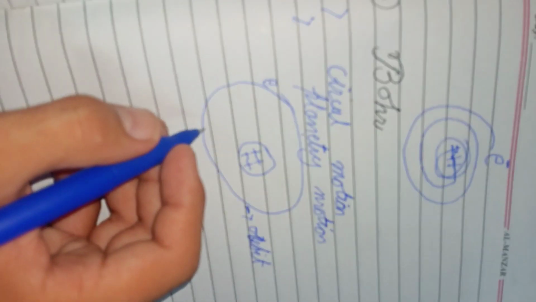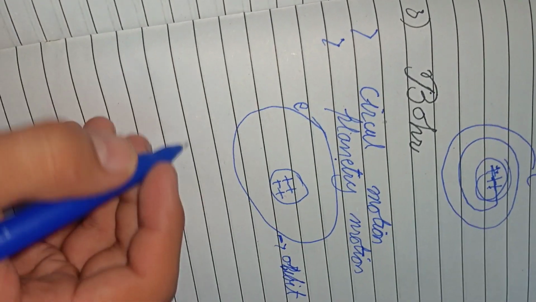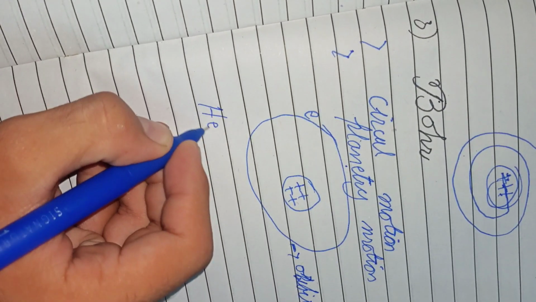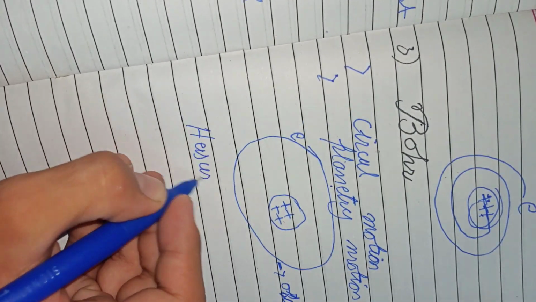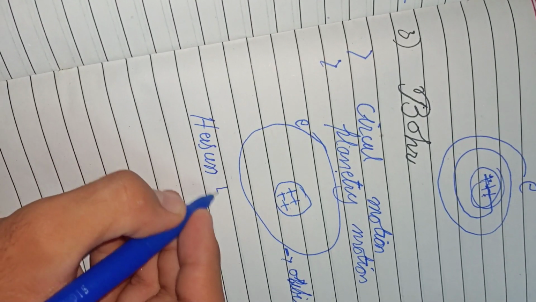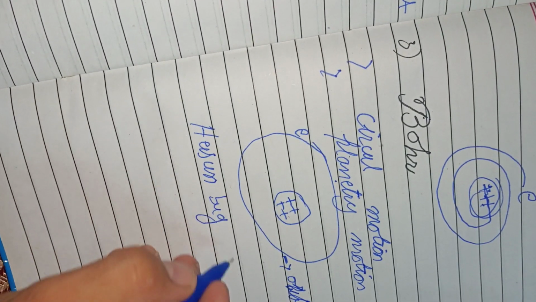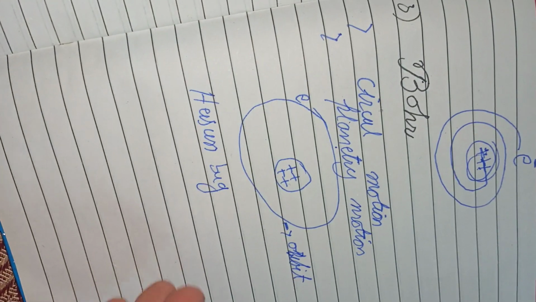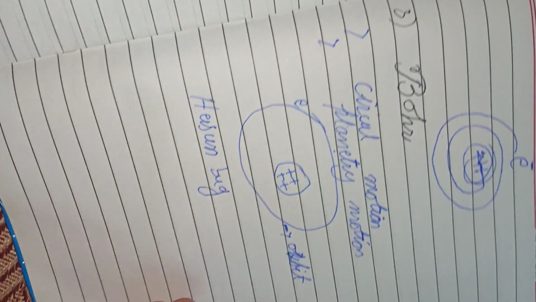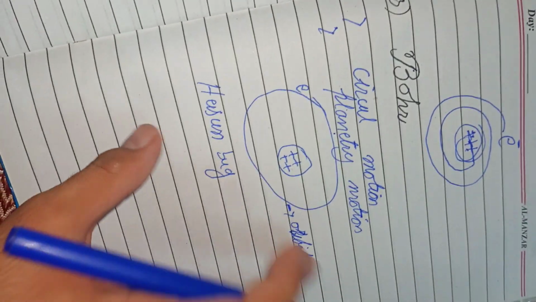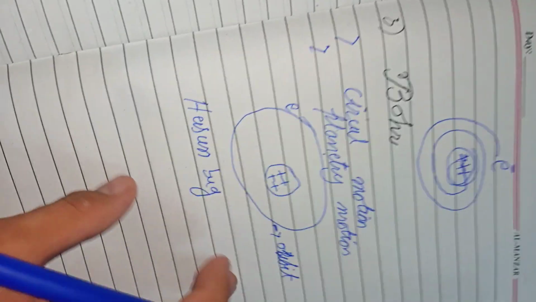But Heisenberg, his name also sounds like bug or error, so that's why he came and said to Bohr, give us proof of this structure of the atom, proof by experiment.